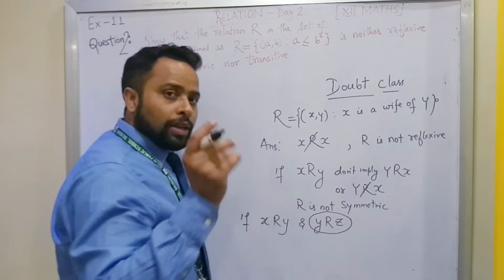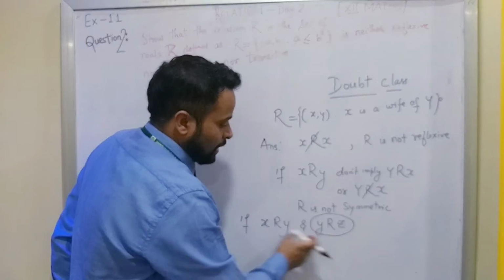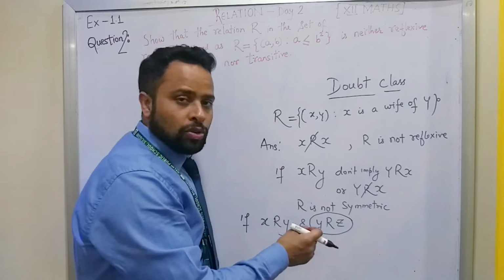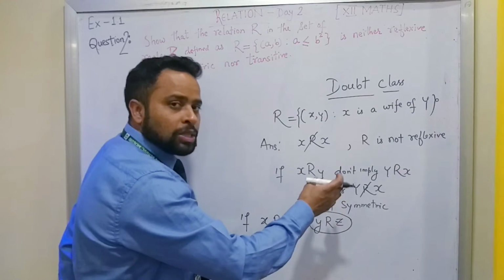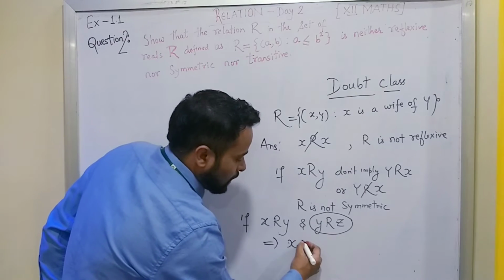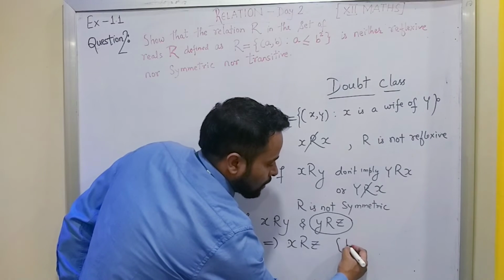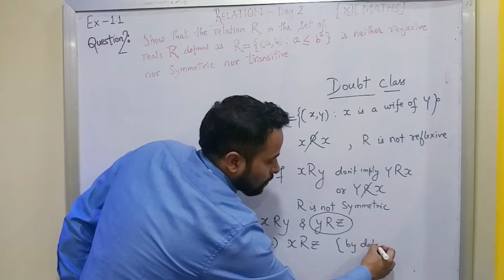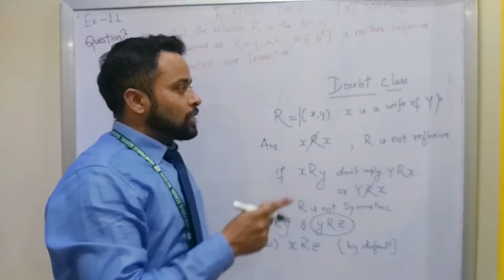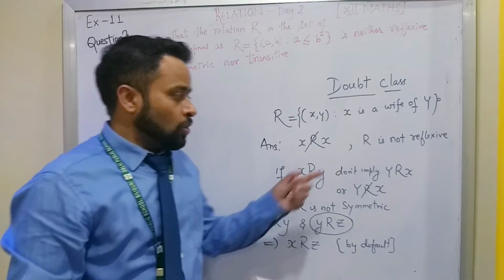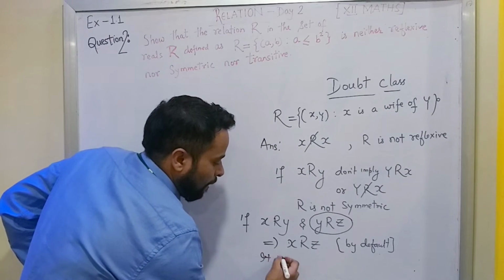When any of the cases in your input of a transitive relation is not possible, then x is related to z, that means x is a wife of z, holds by default. So this relation is not reflexive, not symmetric, but it is transitive.